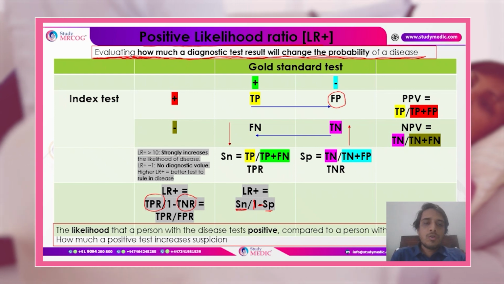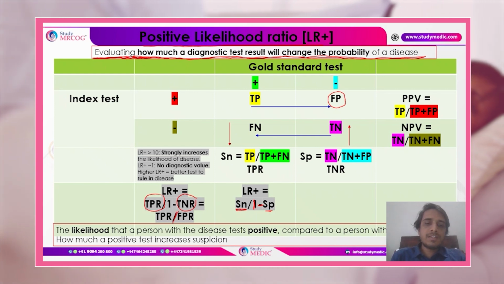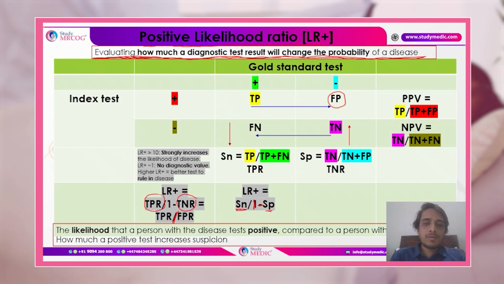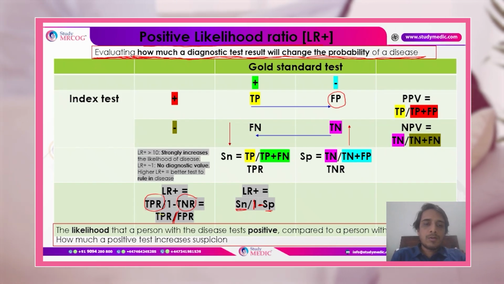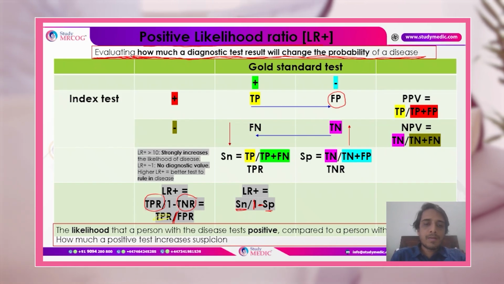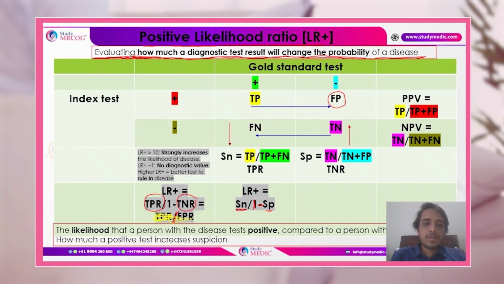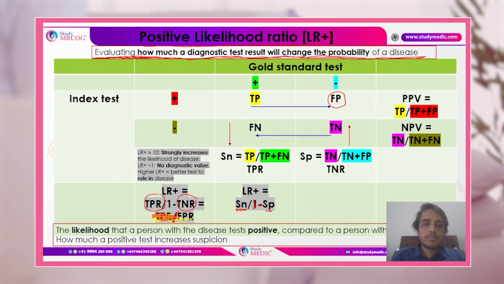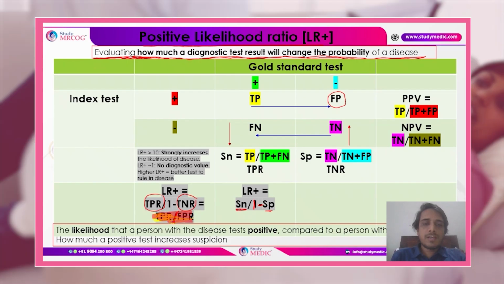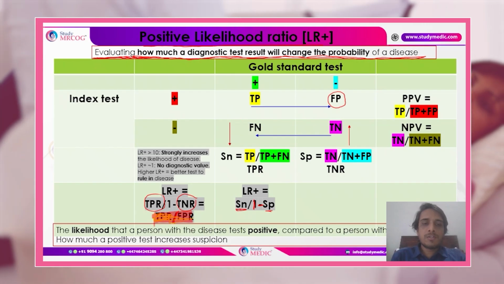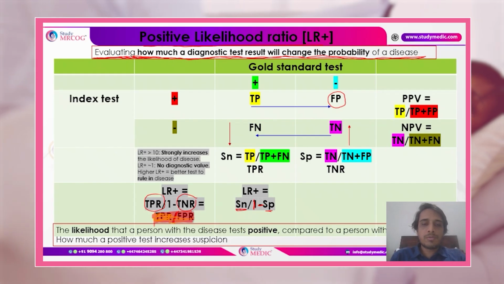So likelihood ratio plus is the true positive rate divided by the false positive rate. So that is called the positive likelihood ratio.